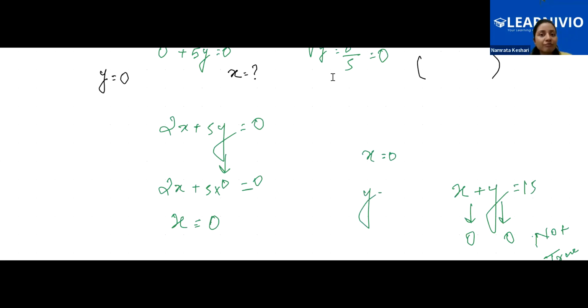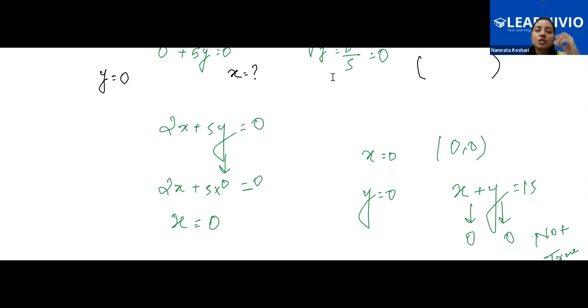So have we found two different solutions? No. 0, 0 and 0, 0 in both scenarios. That means we have found only one coordinate, one solution, by using both steps.